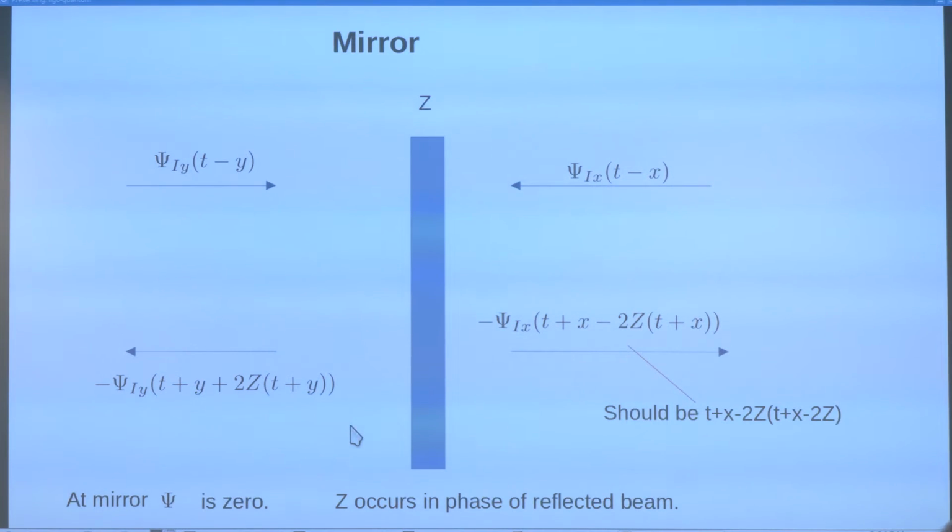What happens at the mirror? Well, the mirror is just a boundary condition, right? The mirror reflects the light in such a way, and I'm assuming here, and it doesn't matter what the assumption is, basically, the light comes in here and is 0 at the mirror. The boundary condition at the mirror is that the field is equal to 0.